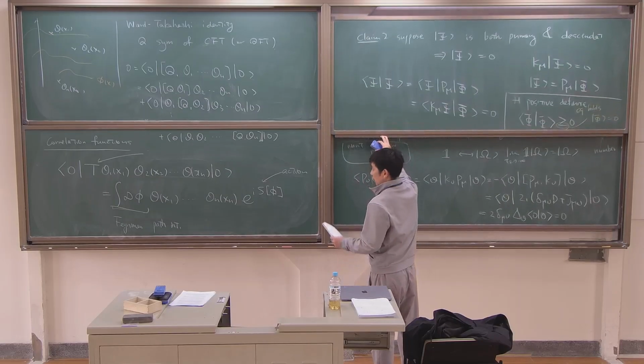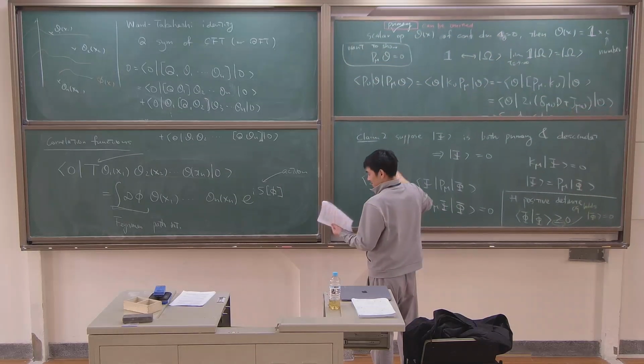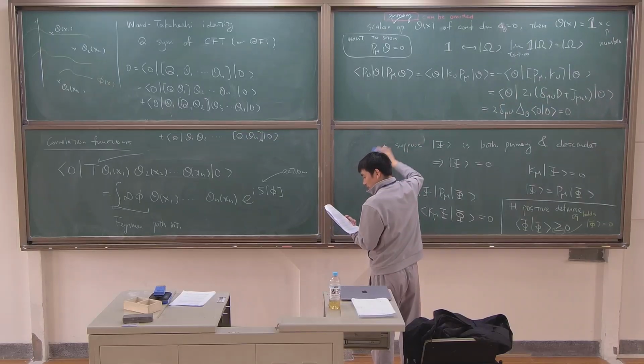So this is called the Ward identity, the simplest version of the Ward identity.